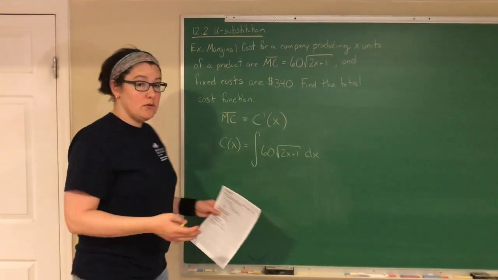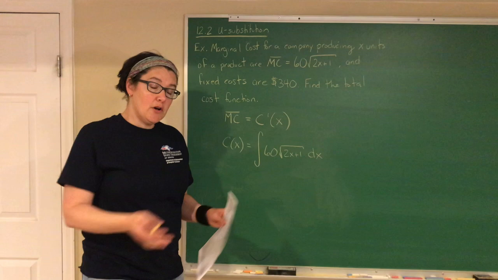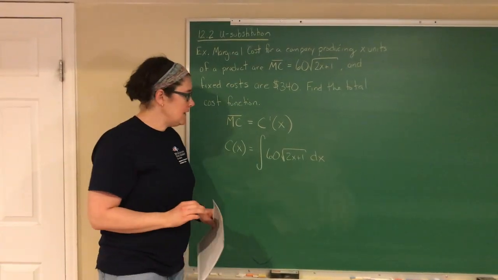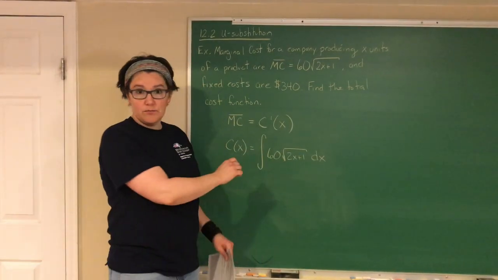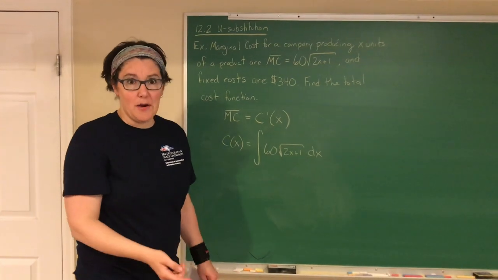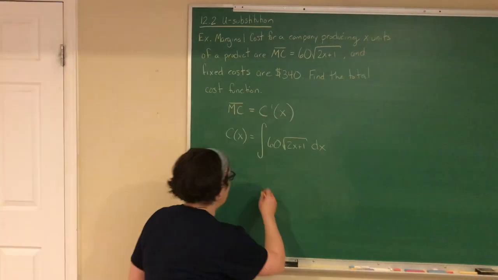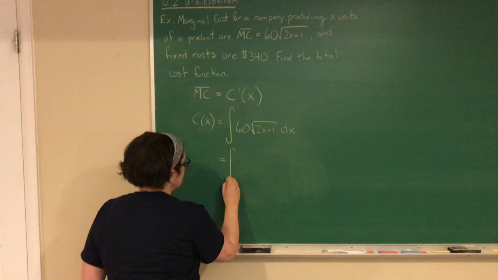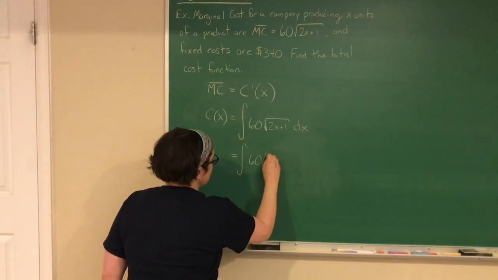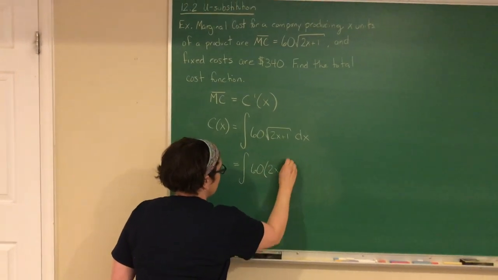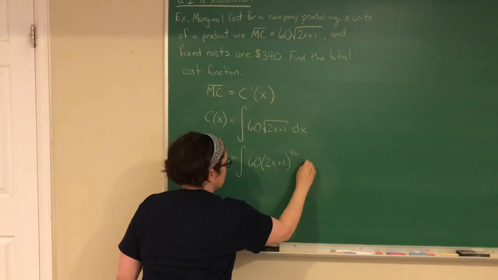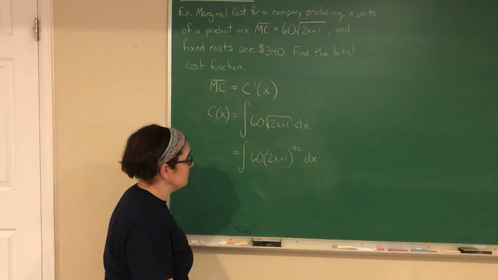Now, anytime that I see a root when I find antiderivatives, I want to turn that into a power, and my power is going to be a power of 1/2. So we have the integral of 60 times (2x plus 1) raised to the 1/2 dx.